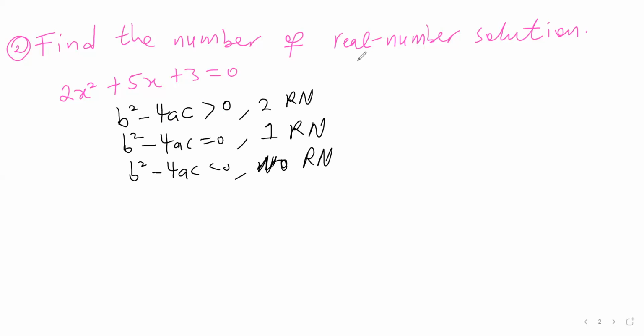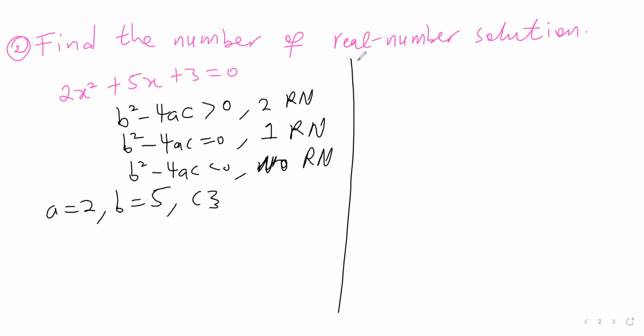From this question, we can see that our A is equal to 2, our B is equal to 5, and our C is equal to 3.